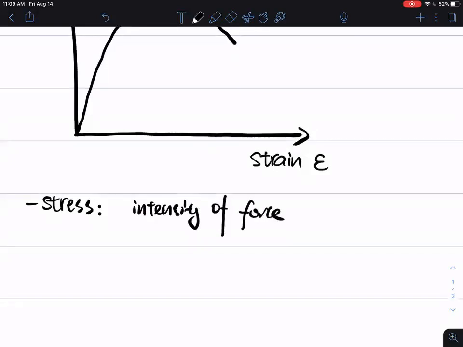The mathematical expression is sigma equals force divided by area. That area A is the area your force is applied on. So for that video, we have a metal bar, and A should be the cross-sectional area of that metal bar.